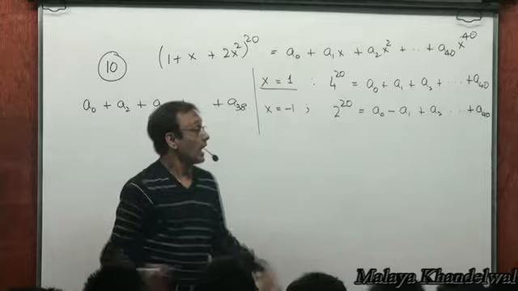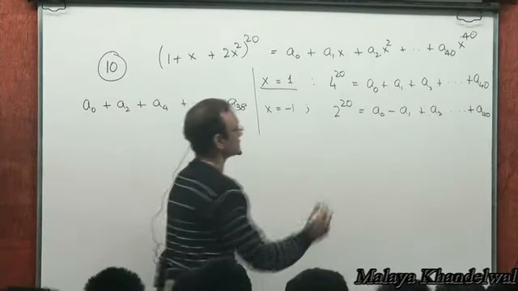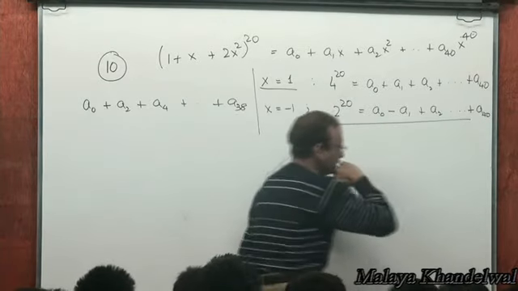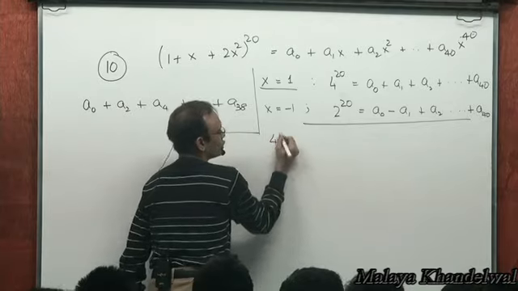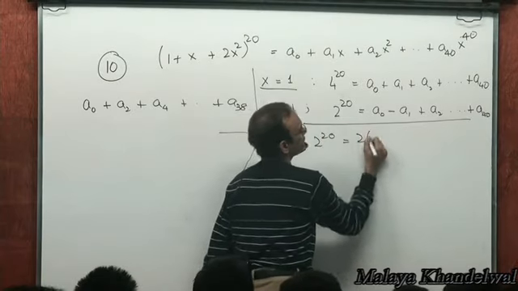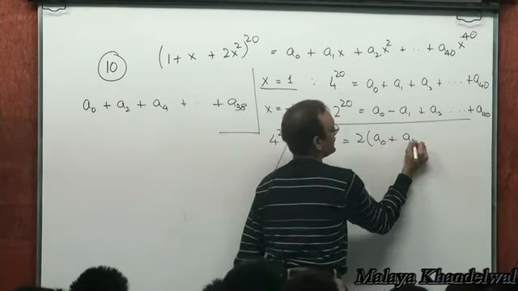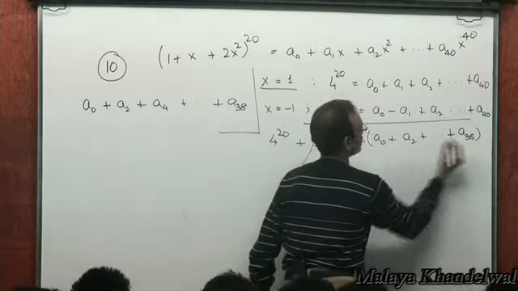Add, because you're seeking a0, a2, etc. The odd terms will cancel. 4 to power 20 plus 2 to power 20 is twice a0 plus a2 plus up to a38 plus a40.